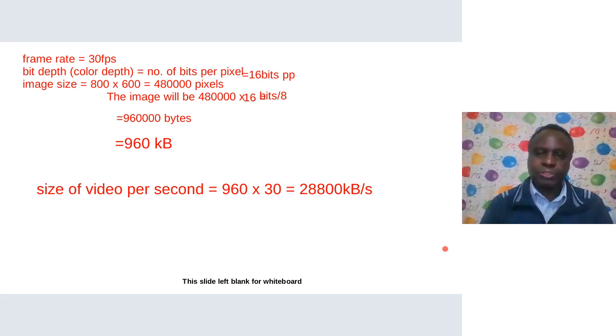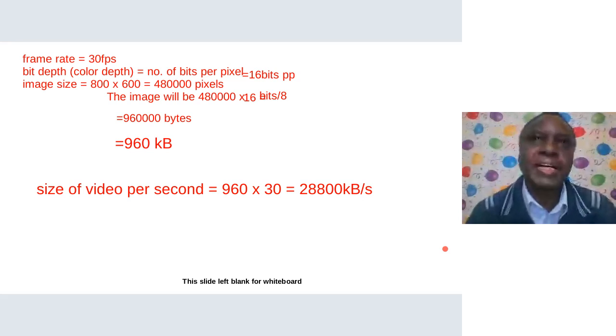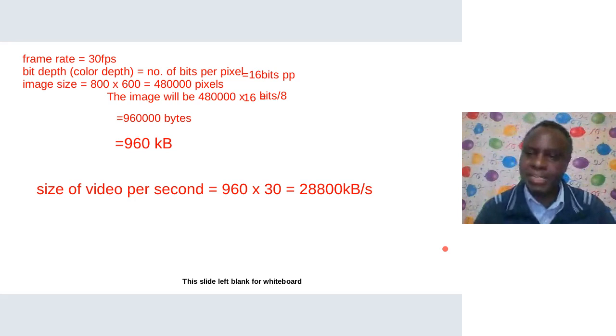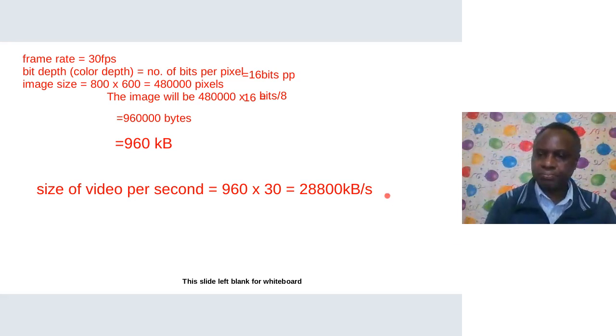So suppose, therefore, you record, now if you want, you can convert that one to megabytes. Now it is big enough to convert to megabytes. All right, so we can try to convert this one to megabytes.